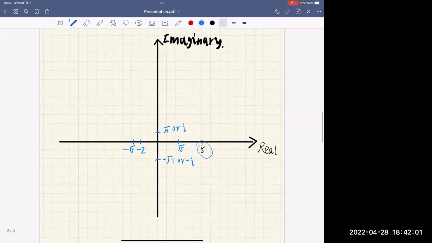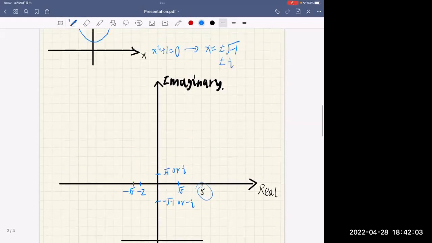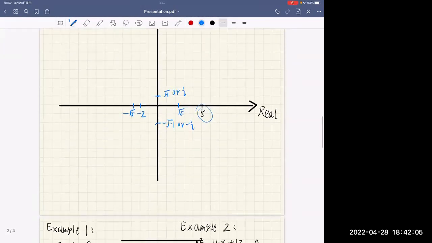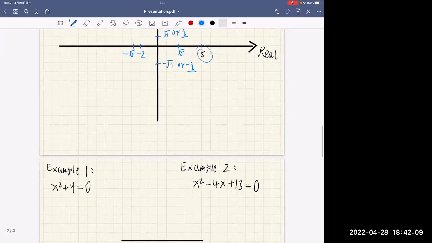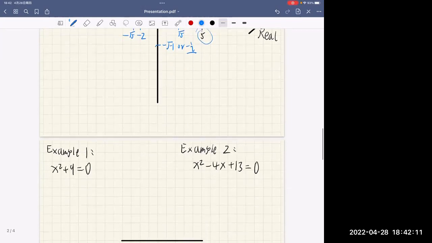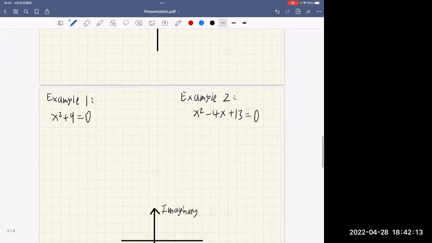So x equals plus i and x equals minus i. So an imaginary number equals a real number multiplied by the imaginary unit i.